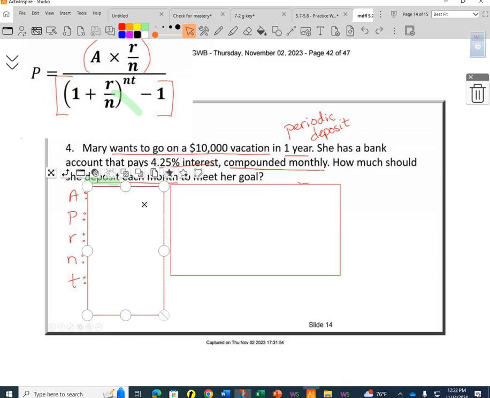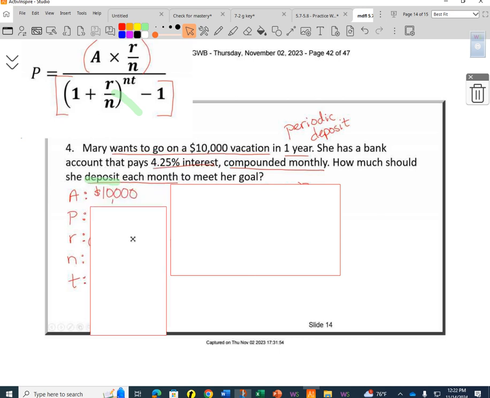So she wants $10,000. So she wants her ending balance to be $10,000. We're using this formula so we can solve for the deposit. That's the P.